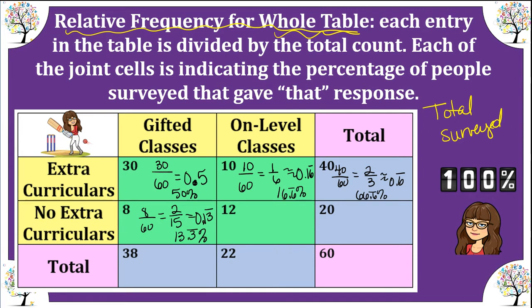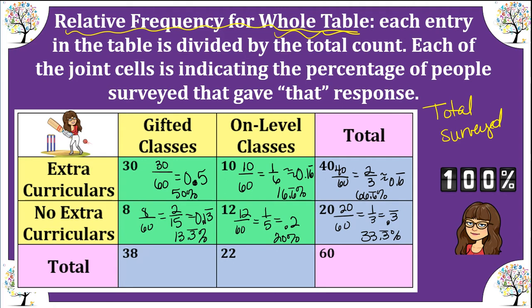This one we could round to 17%, but we'll just leave it like this for now. And then 12 out of the 60 is going to be 1/5, which is 0.2 or 20%. Then we have 20 out of 60. That's going to give us 1/3, which is 0.3 repeating, which is 33.3 repeating percent.